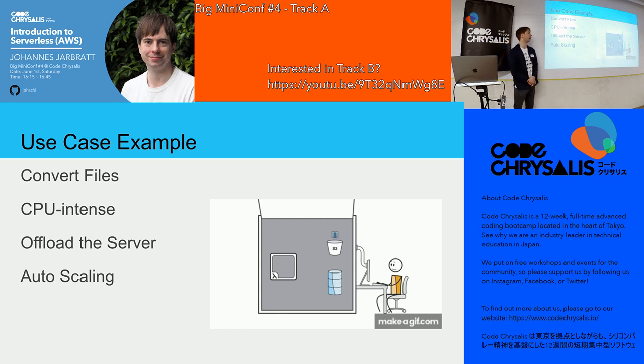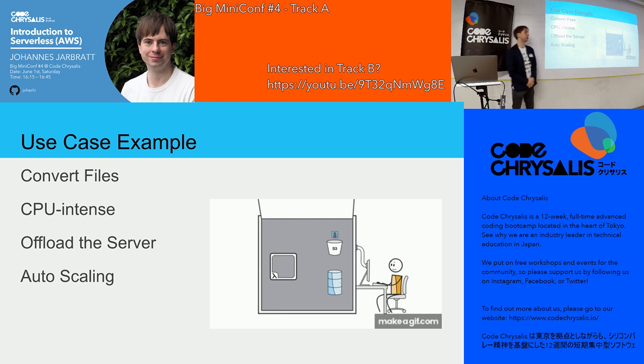You want to give them the possibility to upload, for example, Word files or OpenOffice documents, a lot of different kinds of documents, maybe even images. And then you want them converted into PDF files.